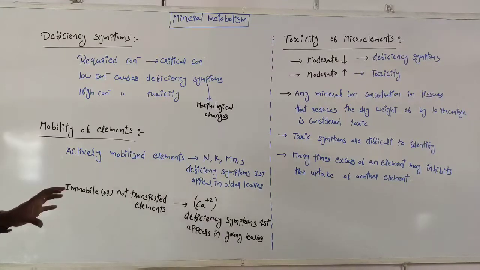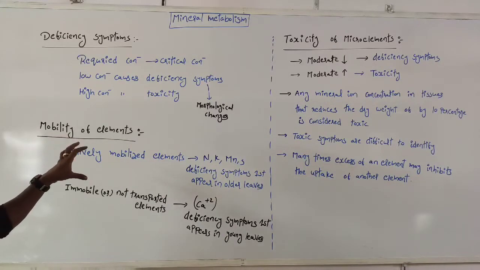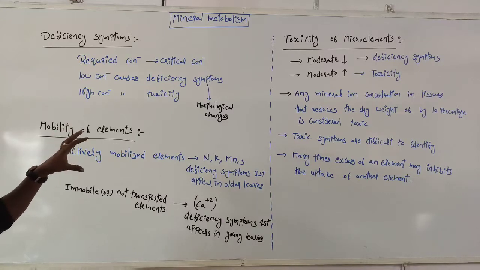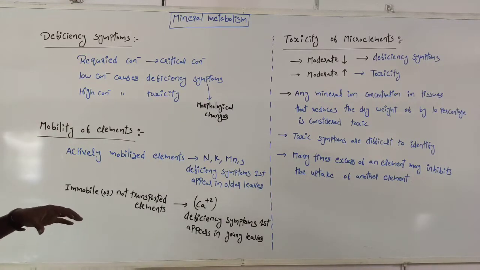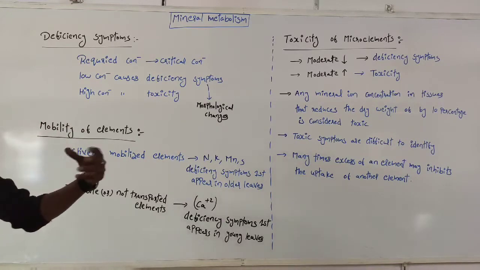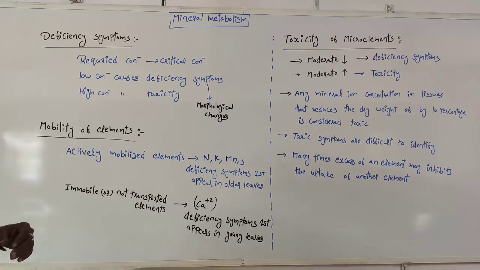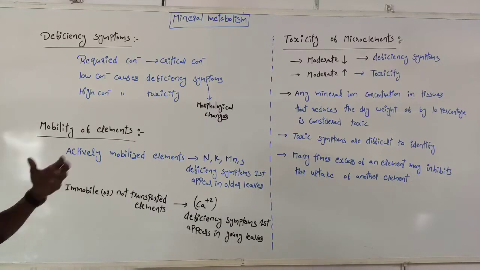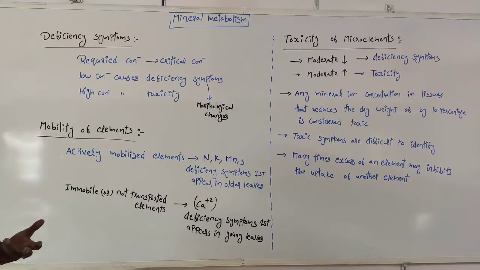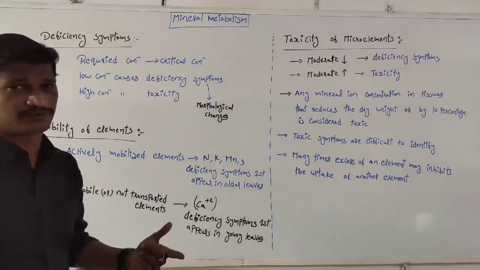See, this is a very important area. Some bits are given from this area, mobility of elements. Some of the elements are actively mobilized. For example, nitrogen is actively mobilized, potassium is actively mobilized, manganese is actively mobilized, and remember sulfur.